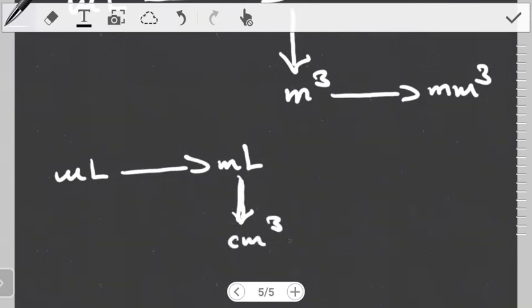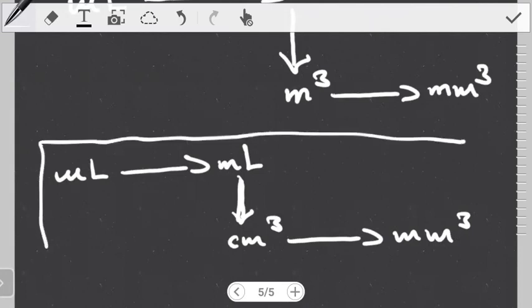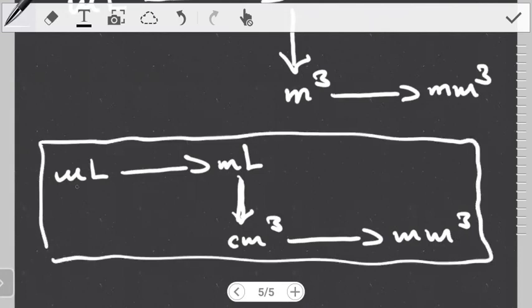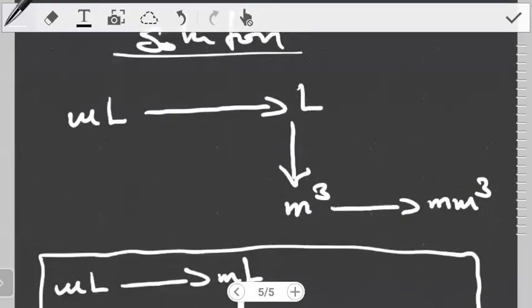Then from centimeter cubic, you can finally move to millimeter cubic. So I prefer this method because I only have to do the conversion from microliter to milliliter, and then after that, whatever value I get there is the same as the value in centimeter cubic. So we're going to use this, but you can still try the other method.